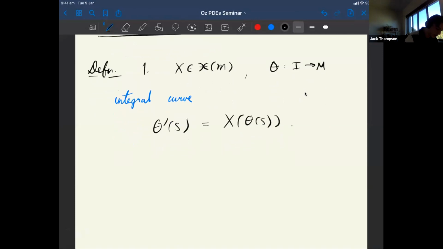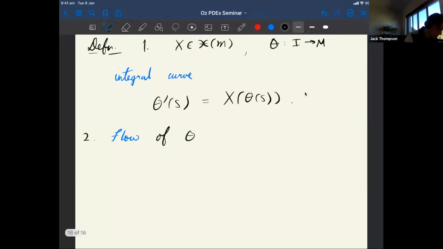Now, associated with each integral curve is a flow. So a flow is a bit of a juggling of the arguments of your integral curve. Actually, maybe I should say this in a different way.